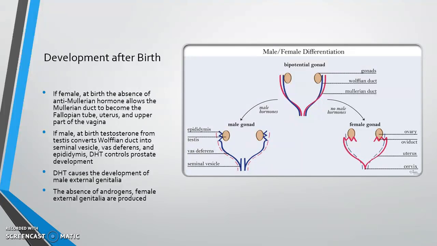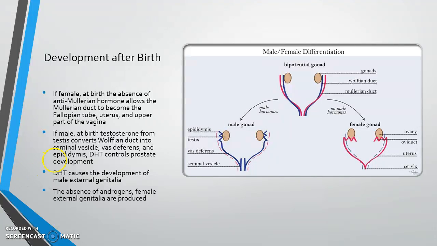If it's a male, again, the testosterone from the testes will convert the Wolffian duct into the seminal vesicle, vas deferens, and epididymis, and dihydrotestosterone controls overall prostate development. Dihydrotestosterone also causes the development of the male external genitalia, and in the absence of androgens, the testosterone and dihydrotestosterone, female external genitalia is produced.